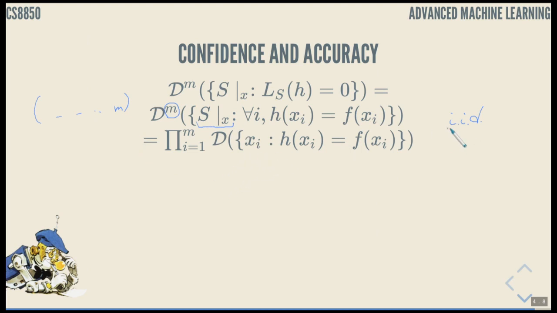And because we sample them IID, once we sample one S, say we're considering only one of the S's, then we can rewrite this probability distribution as a product of the original probability distributions over x sub i.